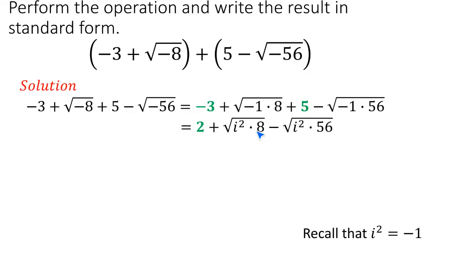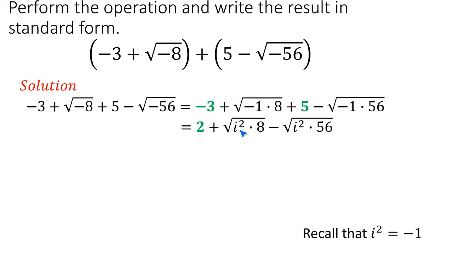The reason I want to do that is because remember that i squared is equal to -1. So anywhere I see a -1 here, I can replace it with i squared. I'm going to add -3 plus 5 because those are common terms, and I get a 2.